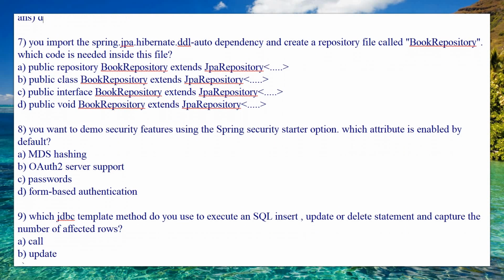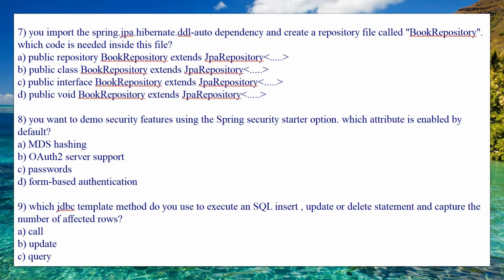The next question is, if you want to import the spring.jpa.hibernate.ddl-auto dependency and create a repository file called BookRepository, which code is needed inside this file? Everything is the same, only the keywords are different: whether you use repository, class, interface or void.